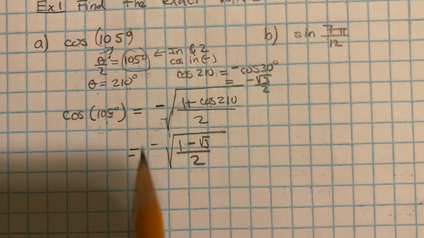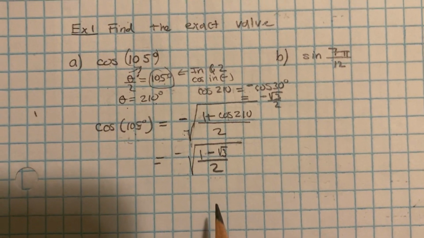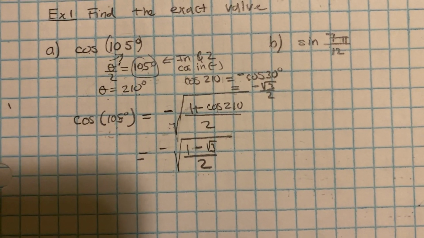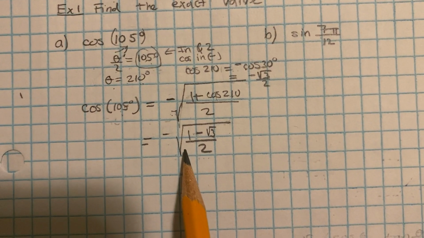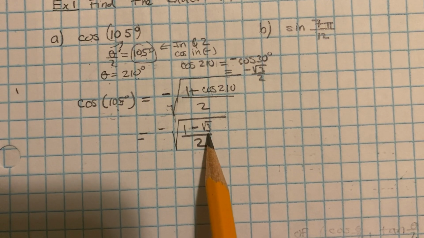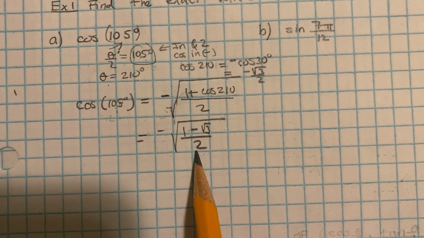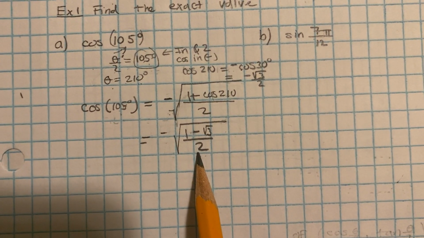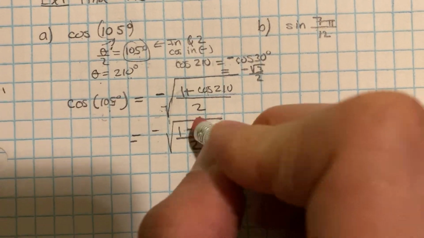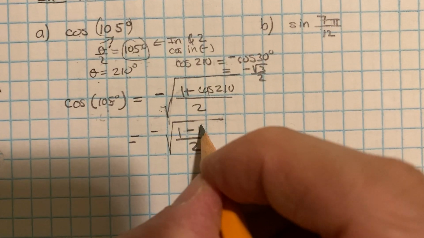Now, if you leave the answer like this, this is technically correct, but you haven't completely simplified. You can't have a radical in the denominator, because if you split this up, this would be the square root of 1 minus root 3 over the square root of 2. So what I would do over here is, I'm sorry, I forgot to write the square root of 3 over 2 over here.